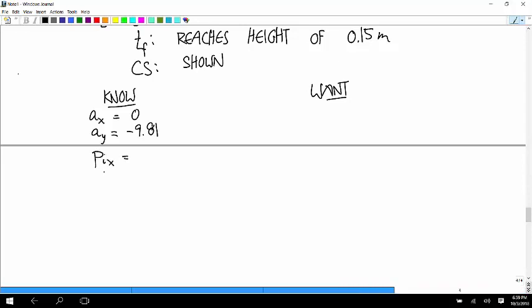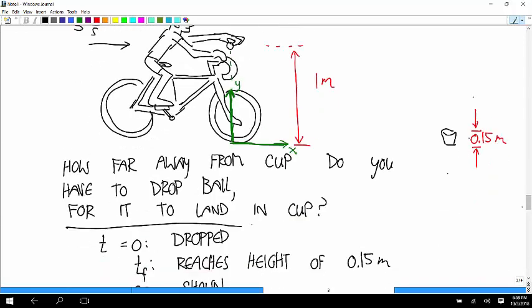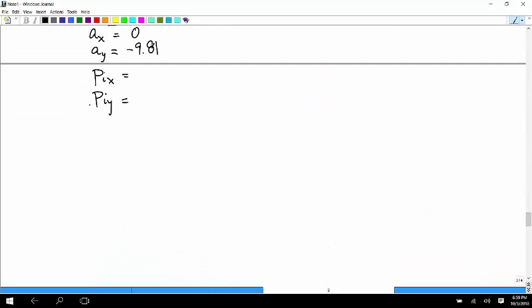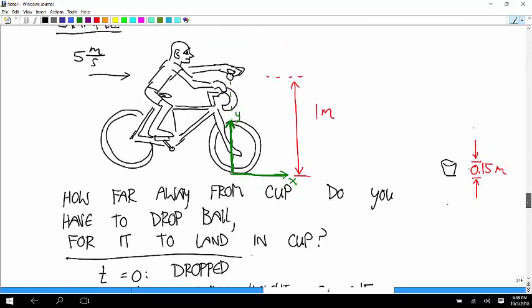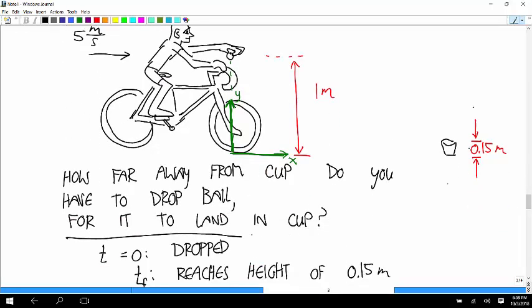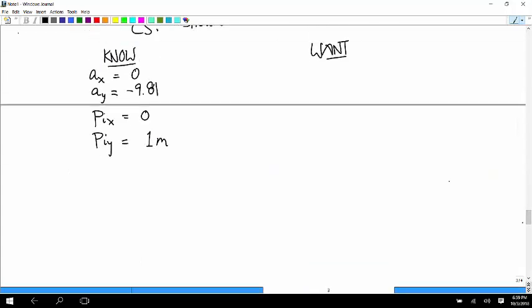Yes, because I'm writing it here. Is that what it said? 1 meter, yep. And that's the y position. The x position is 0 because it's being dropped from right above the origin. Do we know anything about the final position? Yeah, we know that PFY is 0.15 meters, and PFX is what we're trying to find.